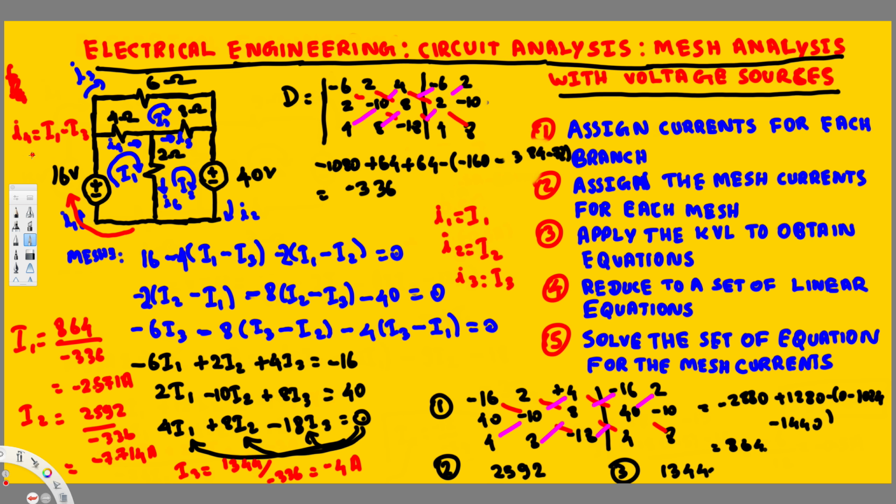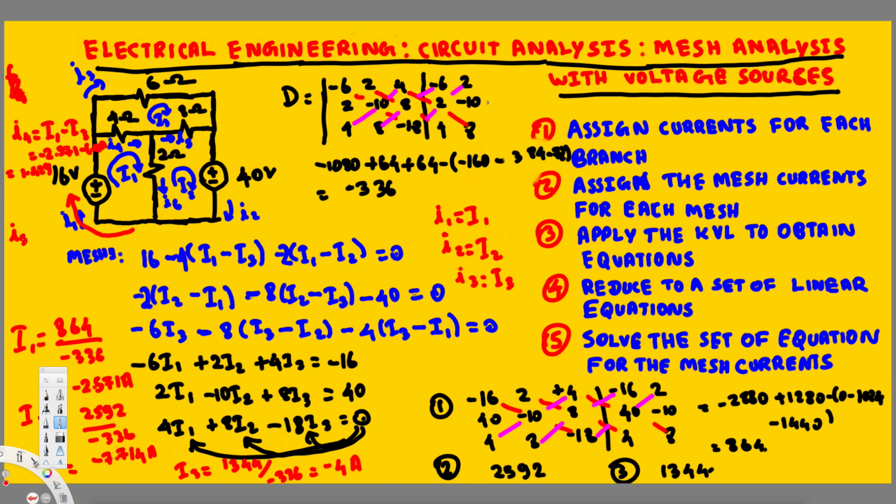And if you calculate this one, we know that I1 is negative 2.571, and I3 is minus 4 ampere, so minus minus 4 ampere, and if you calculate this one you will get 1.429, right? And you have to do the same thing for I5, I6.